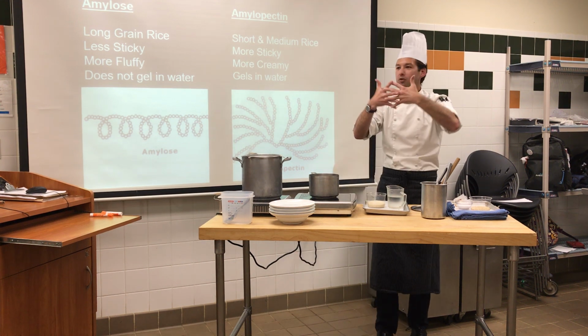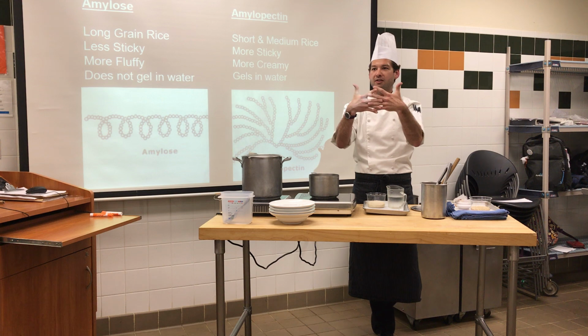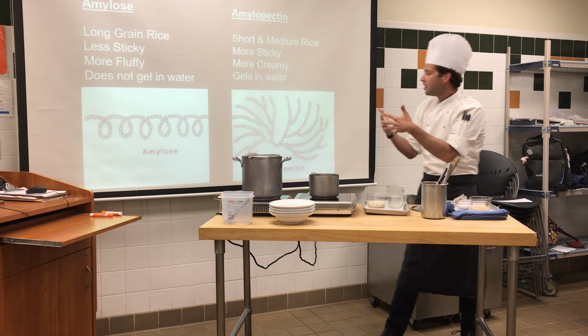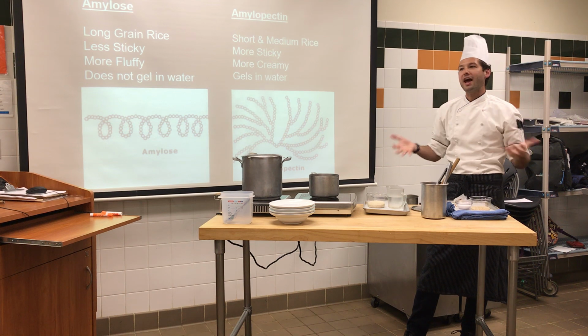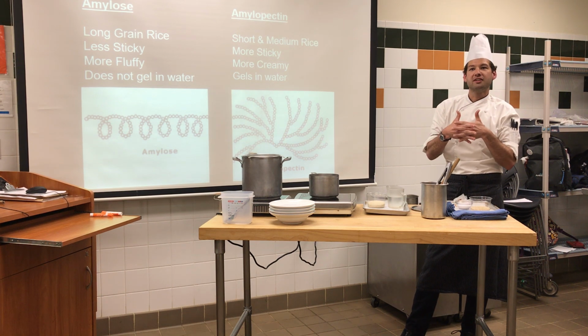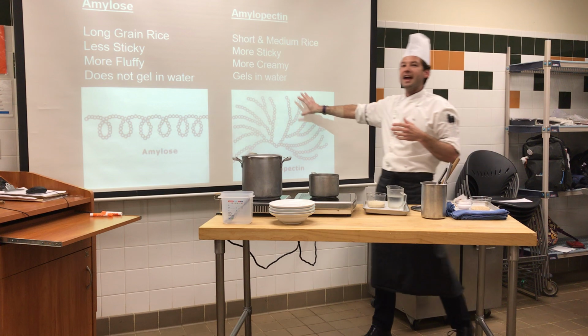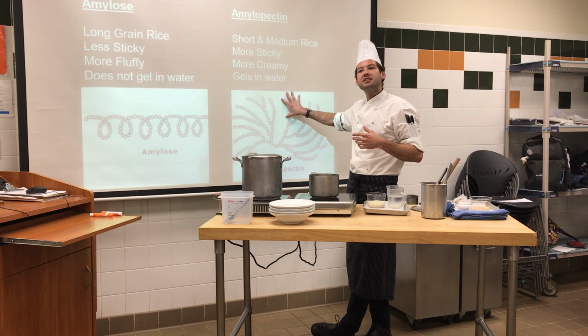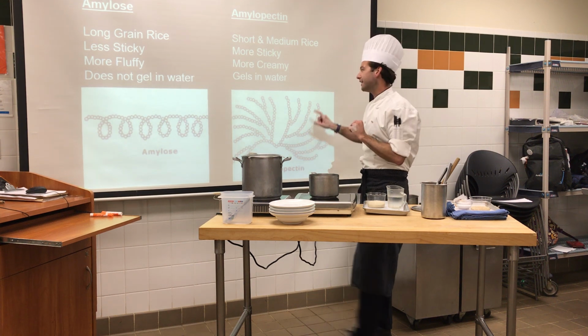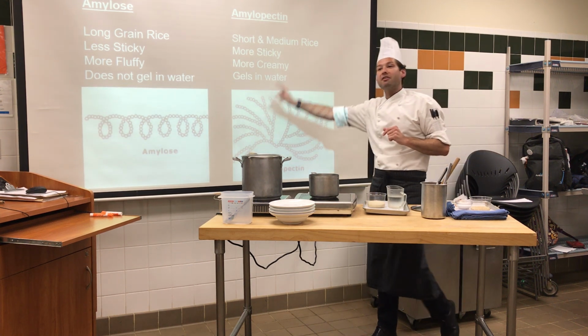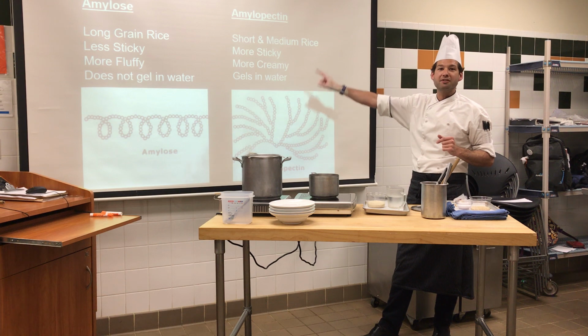Those branches tangle with each other and they make a network, okay? And that network causes the starches to bind to one another. What happens when the starches bind to one another? Which rice would we guess has that property? A rice that is sticky, light and fluffy or sticky? Sticky. Okay, so our short and medium grain rices are going to have this type of carbohydrate.